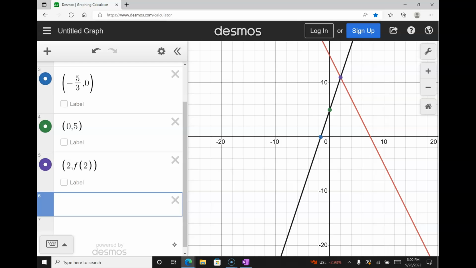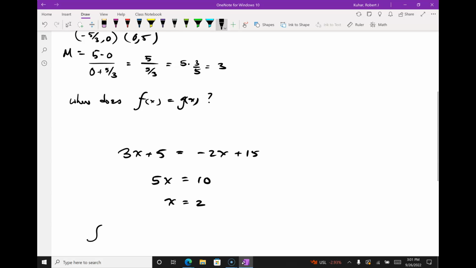And what's the height look like, 11? So f of 2 is 3 times 2 plus 5, 6 plus 5, 11. Anything we do on Desmos, we'd like to be able to verify it, right?